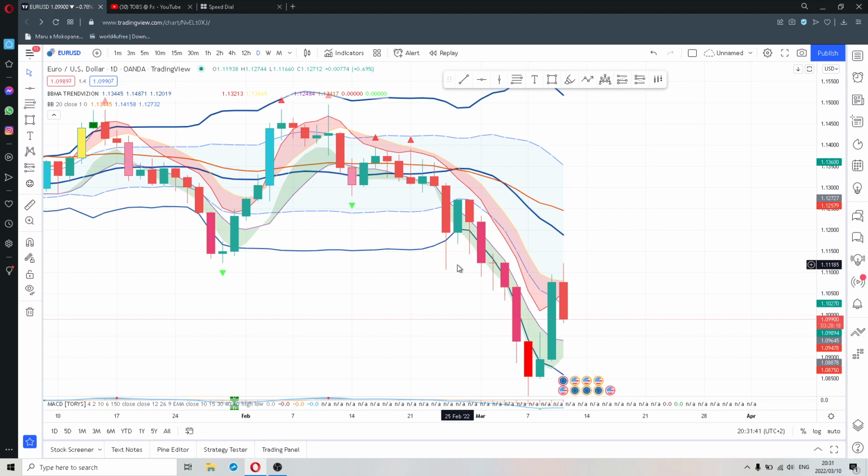Remember what I told you about the break of structure and the CSD. It's either you'll see a break of structure or a CSD, then you'll have a re-entry for the market to change direction. Candlestick direction, that's your CSD.